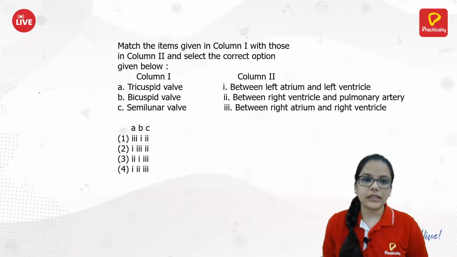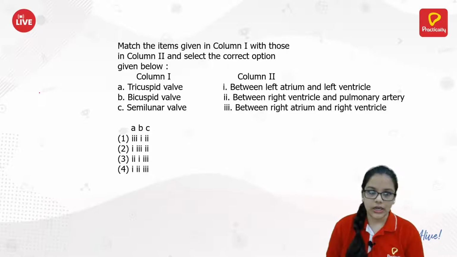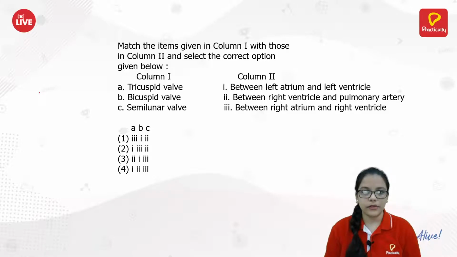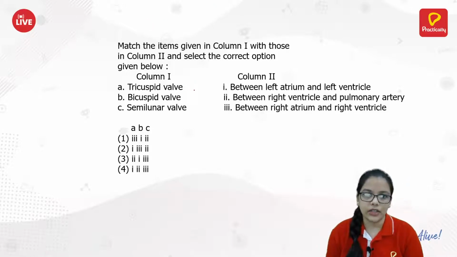Okay, let's see. Now this is about the heart: tricuspid valve, bicuspid valve, and semilunar valve. Let's start again and try to take out options. The tricuspid valve goes between the right atrium and right ventricle.